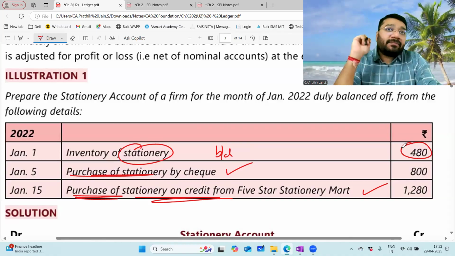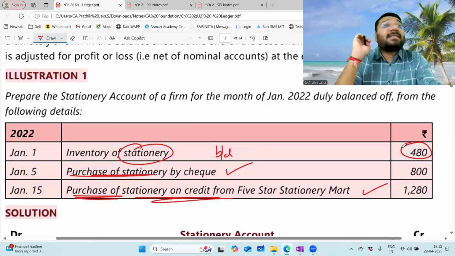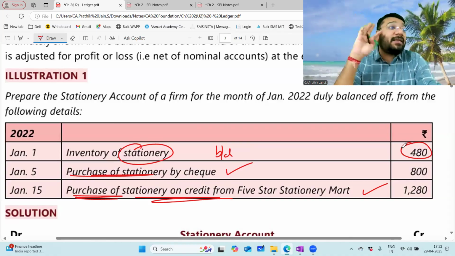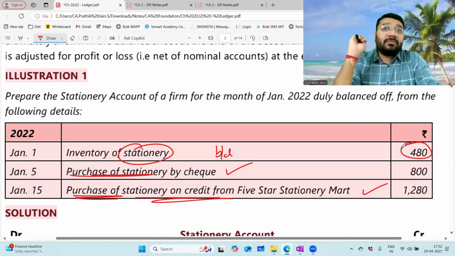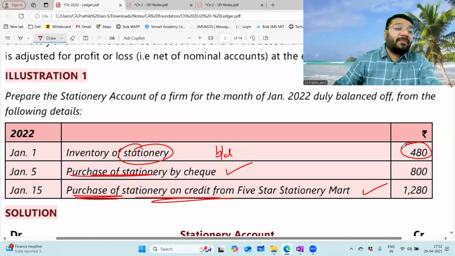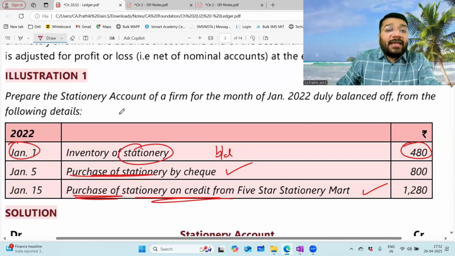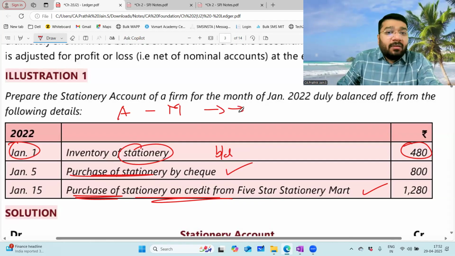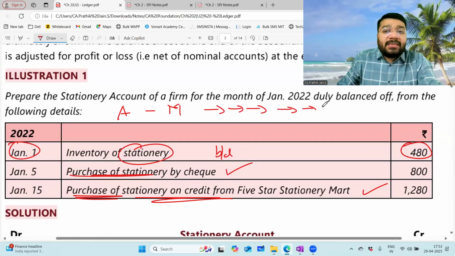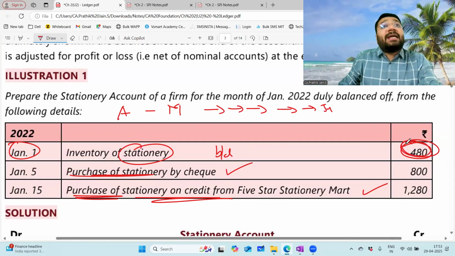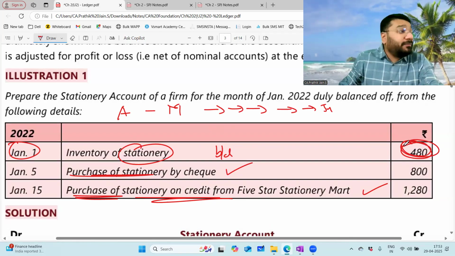Two possibilities. So this stationery could be an asset account, or stationery is an expense account, sir. Jan 1, if the financial year is April to March, April's balance will carry forward to May, May to June, June to July, like that, November to December, December to Jan. So can this be the accumulated expense from April to 31st December?